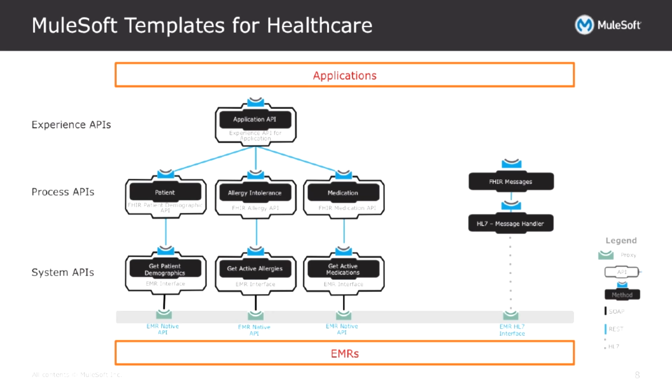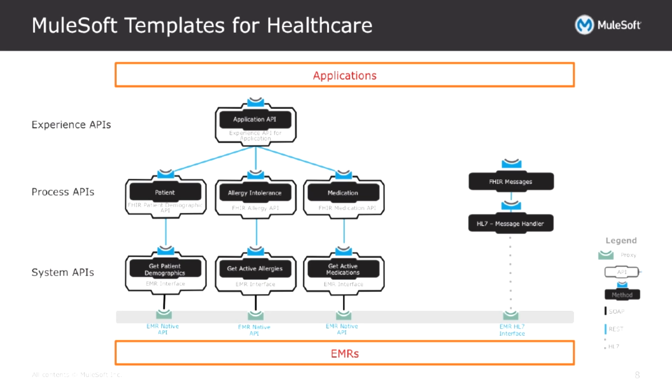Of course, you have at the bottom the EMR from which the data is being exposed and unlocked. And on the very top, you have the consuming applications that are interested in getting that EMR data. In the middle sits the integration logic, which has been templatized by MuleSoft and which is essentially divided into two categories: FHIR APIs and HL7 message handlers.